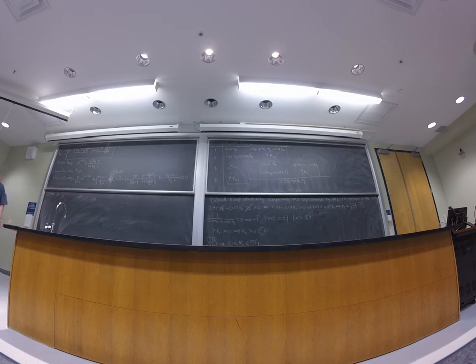So we want the determinant less than 0. What's the determinant? Product of diagonals minus product of off diagonals. So that's going to be 0.03.